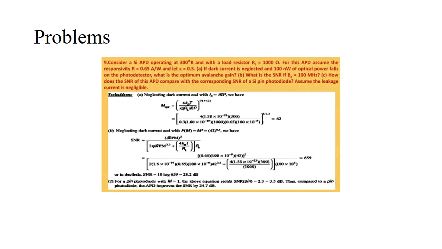So first they are finding the multiplication factor, then the SNR value. So for a pin photodiode with the multiplication factor M is equal to 1, the SNR value they are finding. So what conclusion they are making is, compared to a pin photodiode, the avalanche photodiode improves the signal to noise ratio by 24 points.